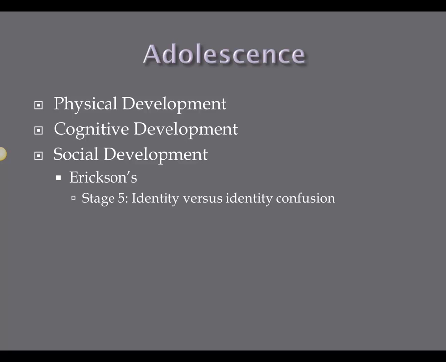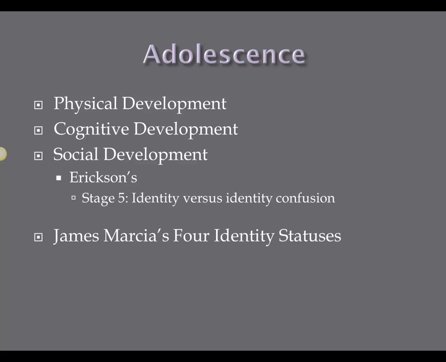So we try on these different personas throughout adolescence. When we find one, we really try to commit, and we have very little cognitive flexibility about what we're going to be in that moment. And so we try to commit to each one of those identities until we find one that fits. And then throughout adulthood, we mix and match a little bit more, depending upon the needs of ourselves, the needs of our family, and the needs of our environment.